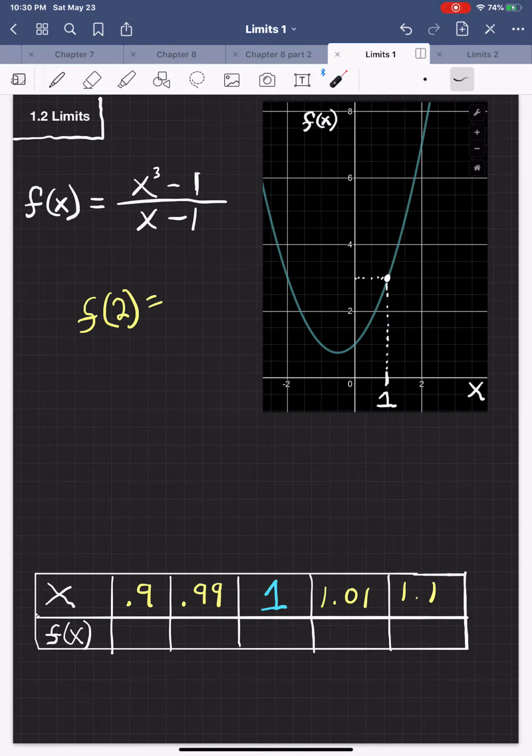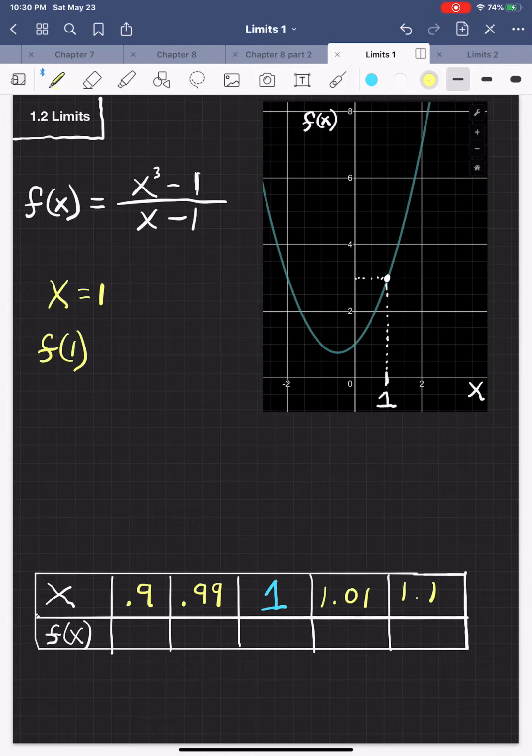Now, notice that the graph is perfect. We could find any of the y values that we would like. But there's one y value that's restricted from us, right? Notice what happens if we allow x to equal 1, F of 1, in other words.